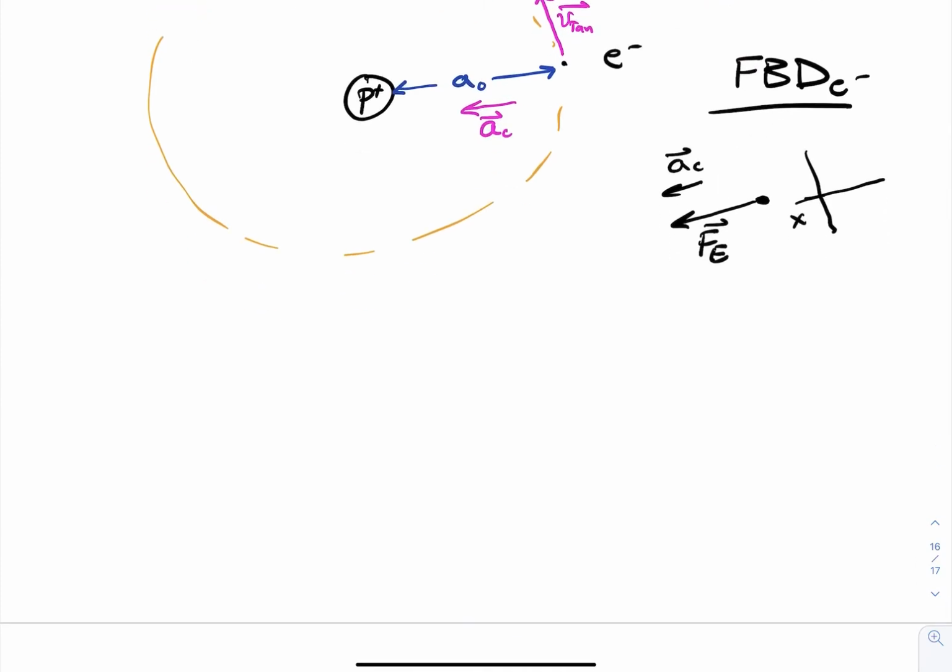And so, of course, we could show that the sum of the forces on our electron, which are toward the center of the circle, will be m a_c on the electron. Well, the sum of our forces is just Fe, equal to m v squared over r, where r was the Bohr radius.